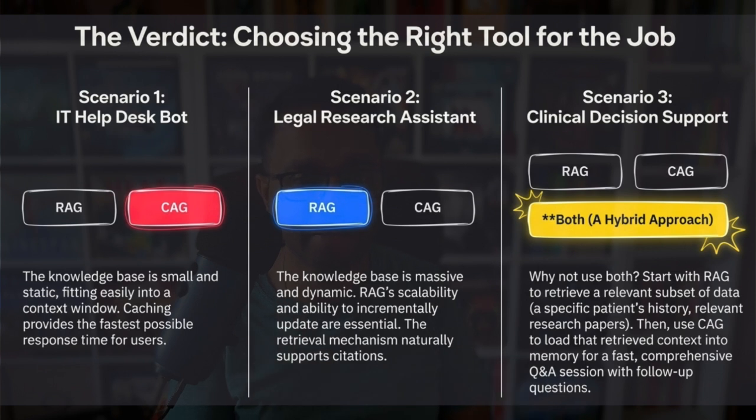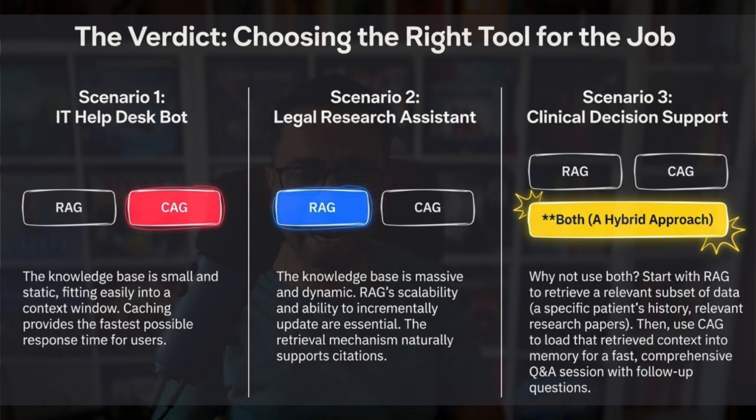For the second case, it's RAG, because your information is huge. It's big, and you have to basically hold it inside a vector database and fetch it on demand. And the third is clinical decision support. It's basically your hybrid approach, because sometimes you need to use RAG when you have to retrieve a relevant subset of data for a specific patient history.